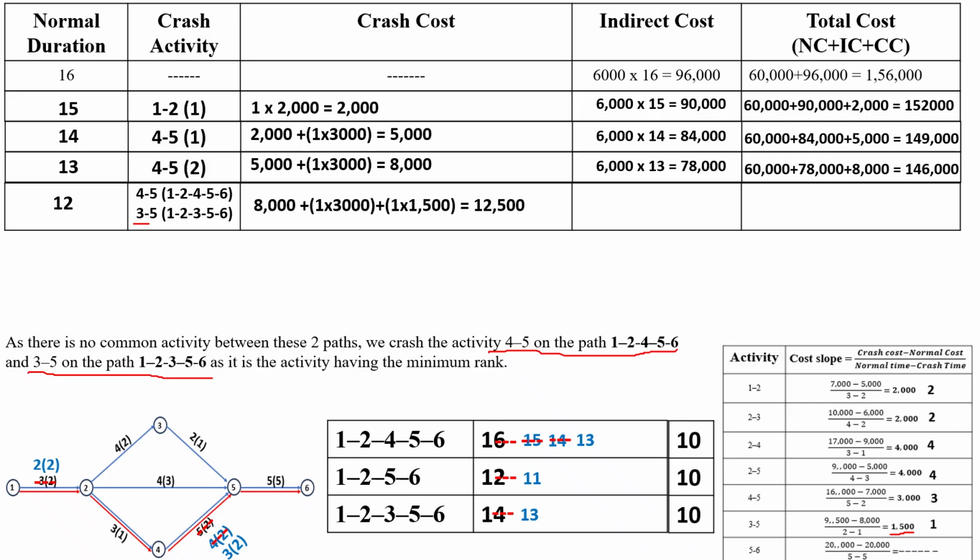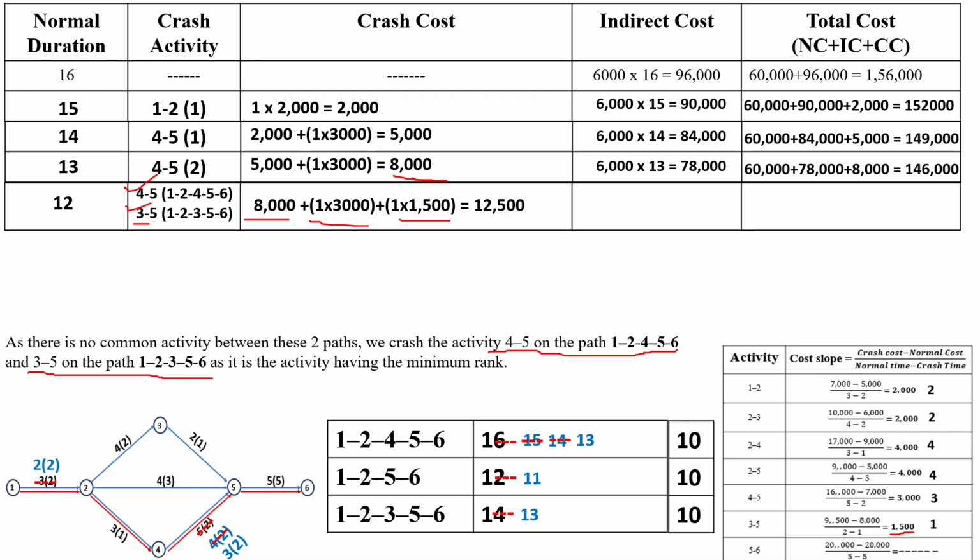Then the crashing cost will become 8000 plus 1 into 3000 for activity 4 to 5 plus 1 into 1500 for activity 3 to 5, which is 12,500.